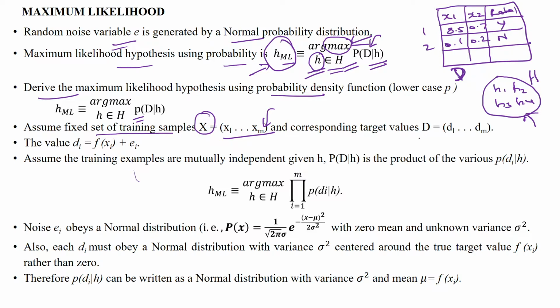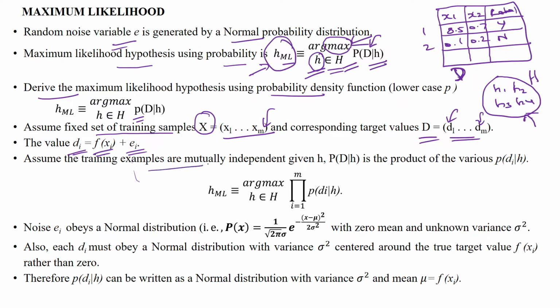In our example, the actual output is represented with capital D, from the first sample's actual output to the mth sample's actual output. The value is the actual output plus error, meaning our sample has predicted output with error.